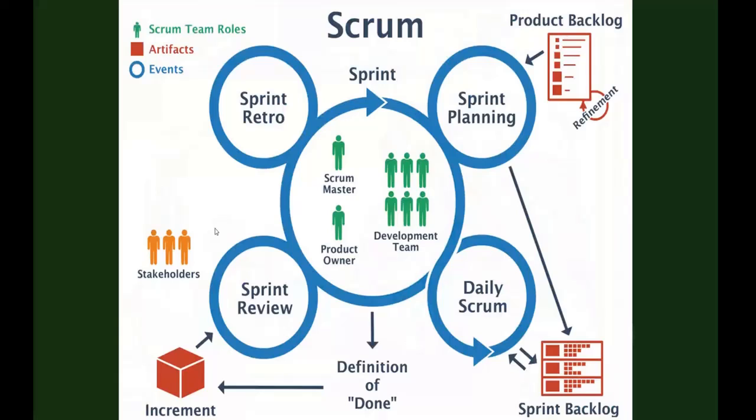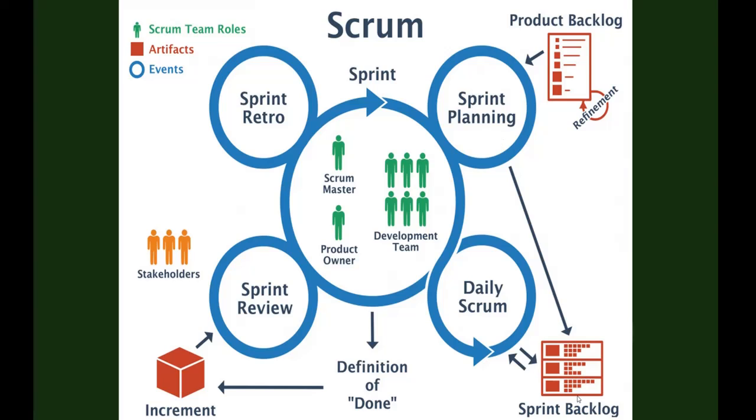Okay, so this is Scrum, and the event is called Sprint. From the product backlog, they prioritize based on importance. This one is more important than that one, so they reprioritize. After that, the team members, the developers, make the sprint planning.